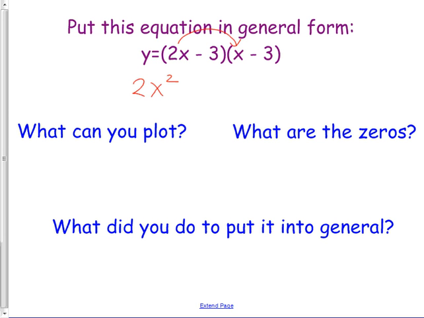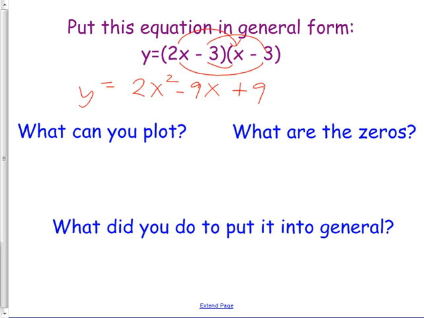First, and then outside and inside would make -6x and -3x totals -9x. And the last makes +9. Raise your hand if you had that one right. Okay, good. Now, that's in general form.